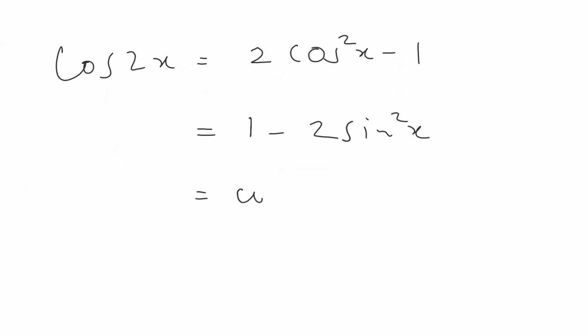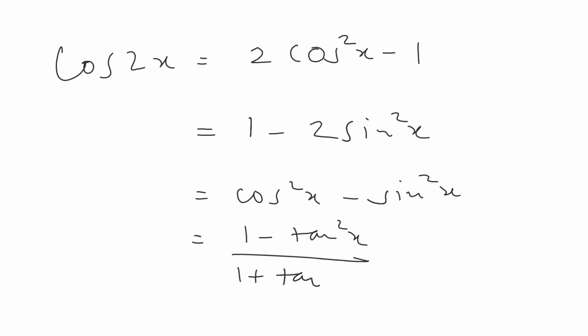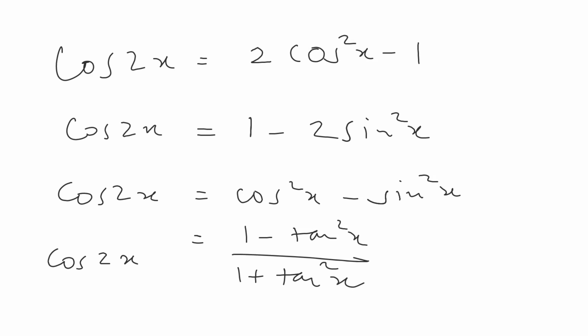It can be equal to cos square x minus sin square x. Or 1 minus tan square x upon 1 plus tan square x. So there are 4 half angle formulae for cos 2x. It's not 1, it's not 2, but 4. And you have to remember this.